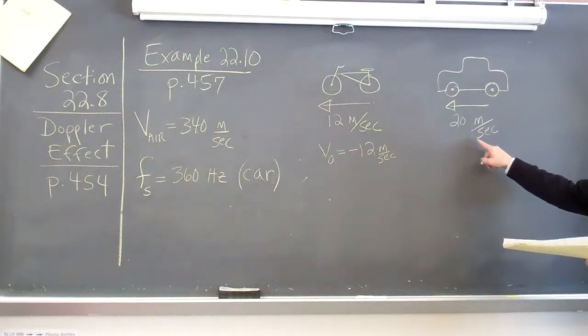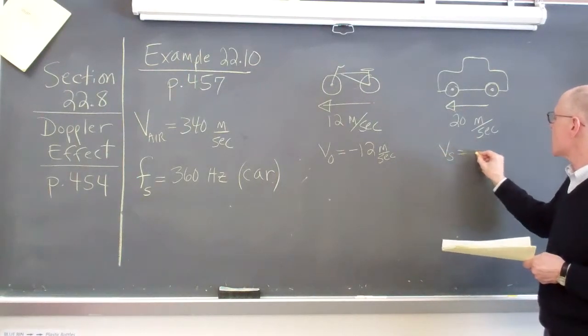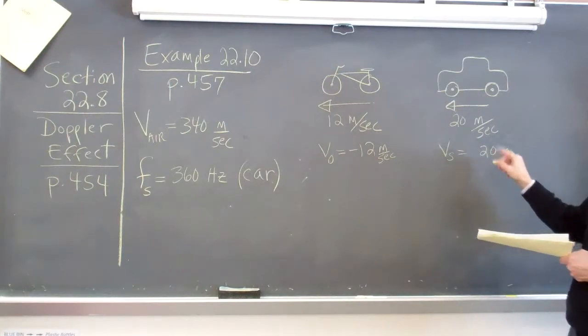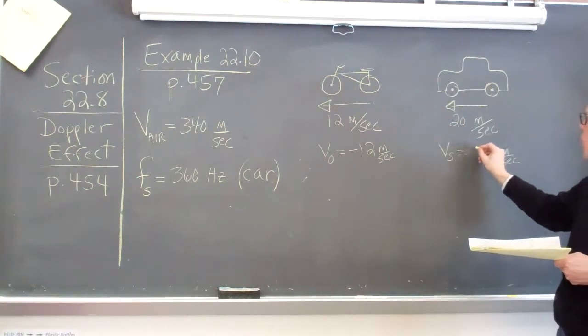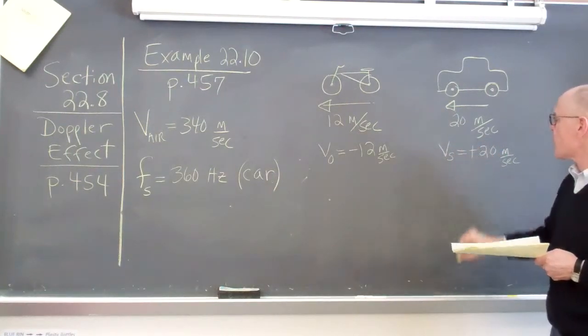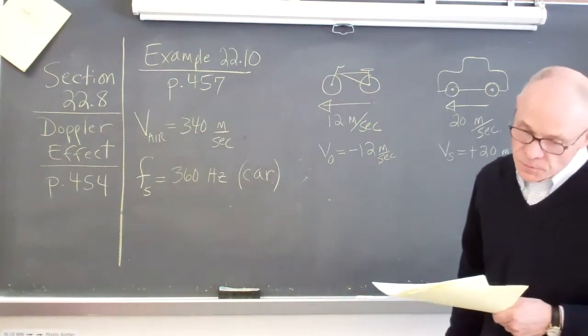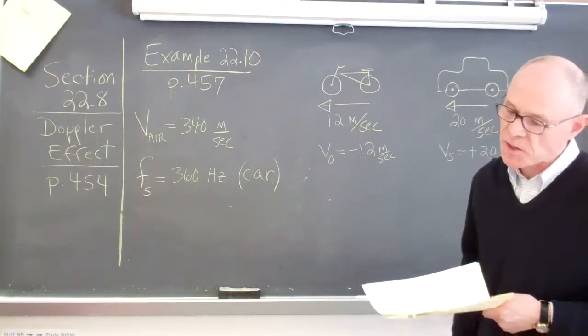Then for the car, the speed of the source is 20 meters per second. And with respect to the bicycle, it's approaching the bicycle. So we're going to assign that a positive sign. And the question becomes, what frequency is heard by the person riding the bicycle?